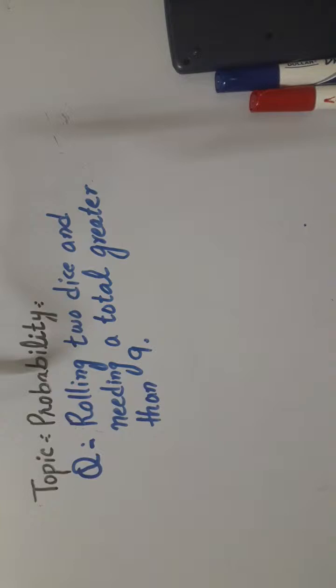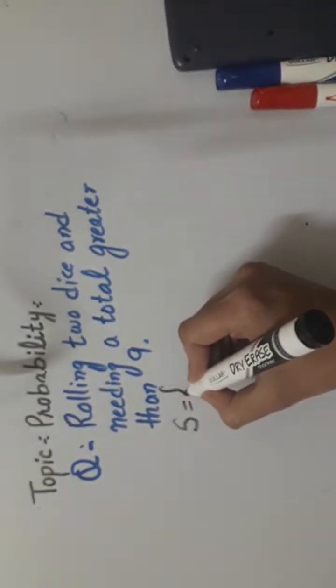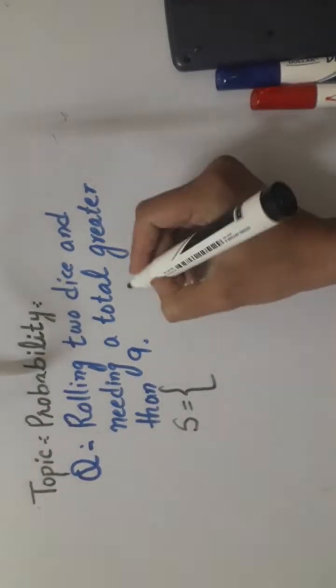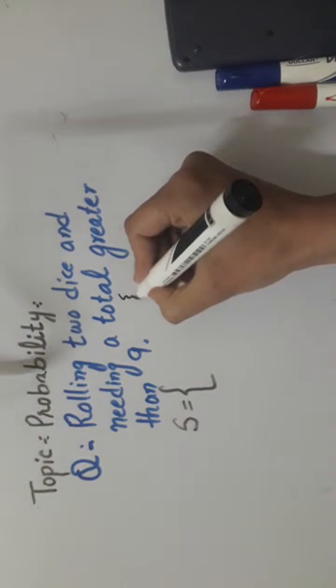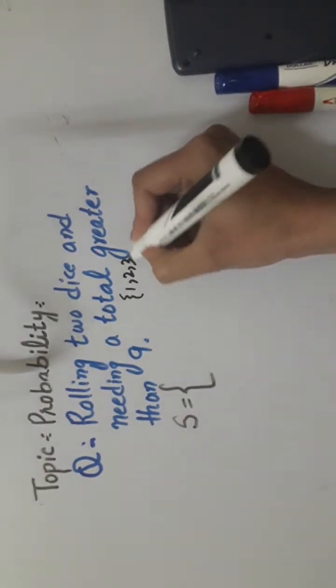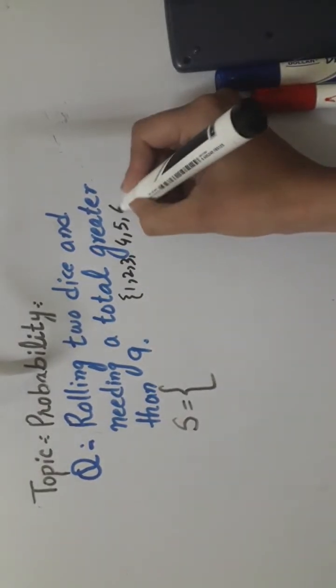So when 2 dice are rolled, we first create the sample space of 2 dice. It means 1 die has 1, 2, 3, 4, 5 and 6.